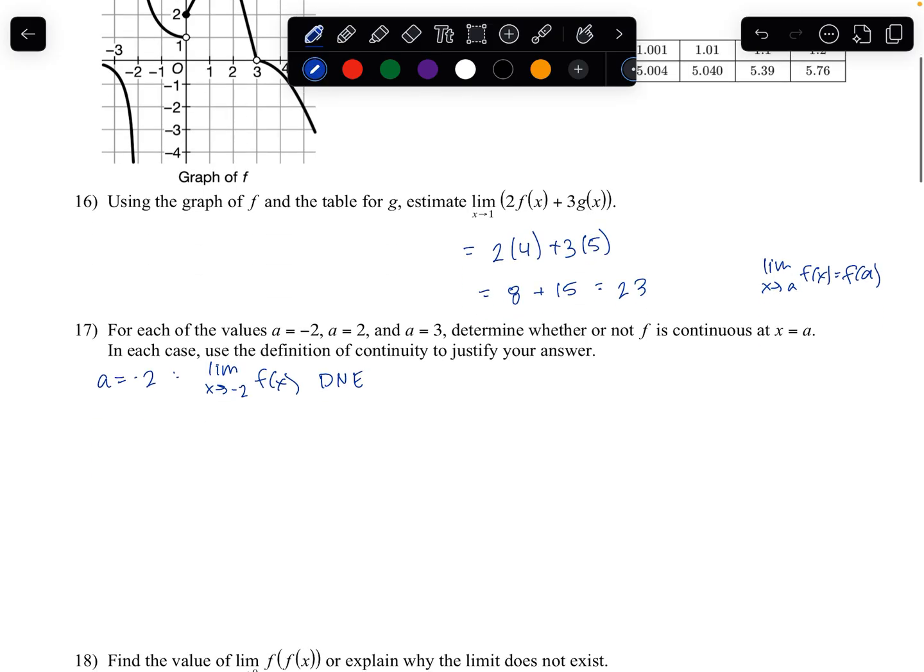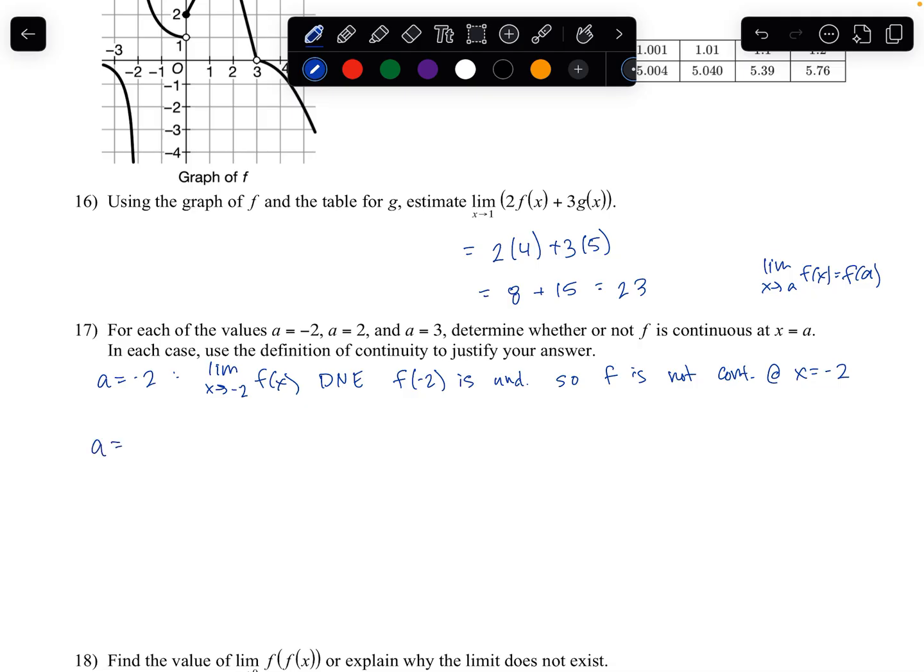You can also state that f of -2 is undefined. And so that is also justification enough to state that f is not continuous at x equals -2. That should be good right there.